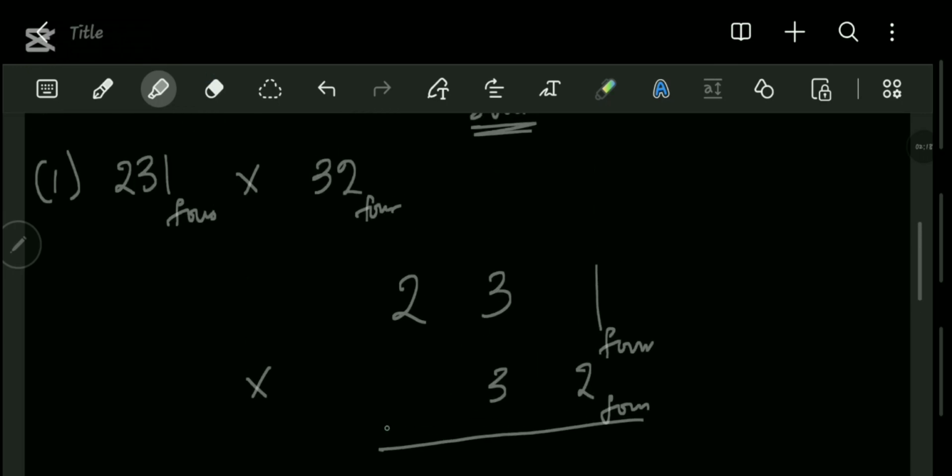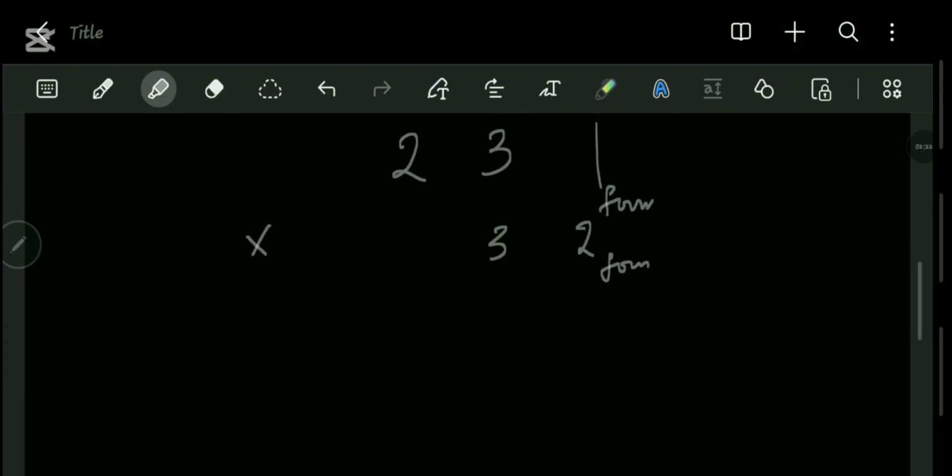So the first thing you want to do is multiply the normal way we do our multiplication. So you are saying 2 multiplied by 1 gives us 2, and 2 multiplies 3 to give us 6, but we are multiplying in base 4, which means any number equal to 4 or greater than 4 must not be written in this place.